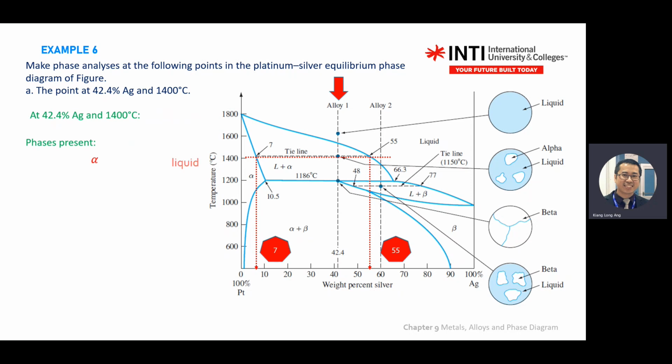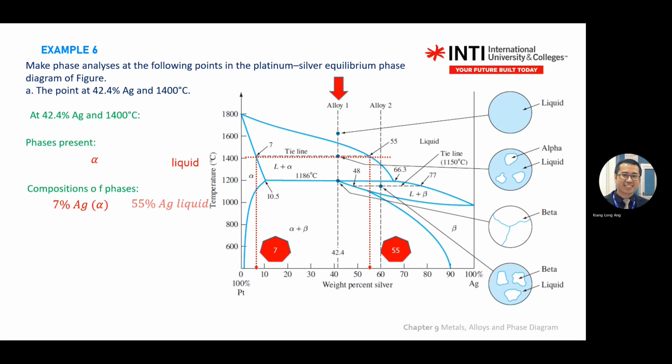So first, the phases: you have alpha and liquid. Then the composition of the phases, you read from the graph. Alpha, you have 7% of alpha. What kind of alpha? You have Ag in alpha because you have a binary system. It can be Pt alpha, it can be Ag alpha, right? So here, we have Ag alpha. Then you have 55% Ag in liquid.